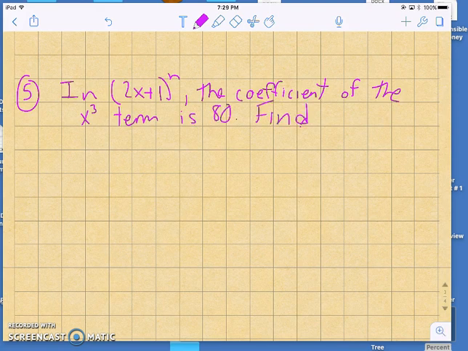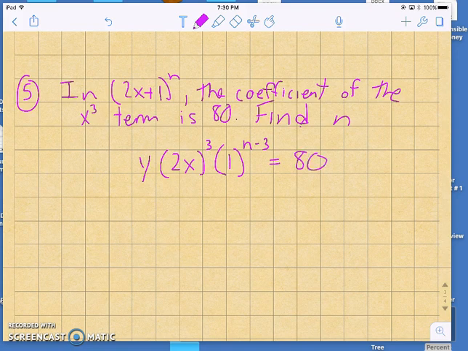And you have to find n. Well, let's see, we're looking at the x cubed term. So we know that this is going to be 2x cubed times, well, whatever n is, it's going to be n minus 3. So we don't know that value out in front. So maybe I'll just put a y. There's some number, and we know this equals 80.